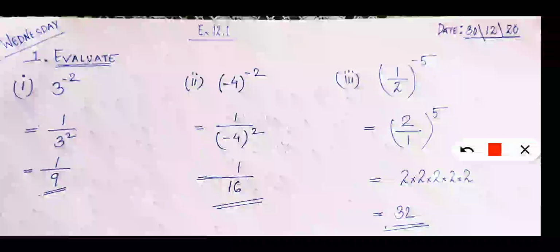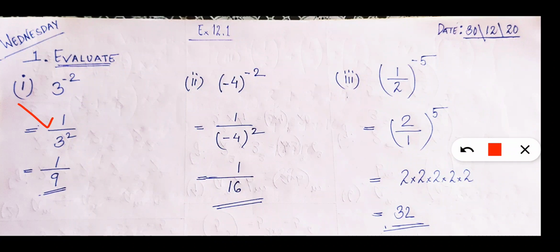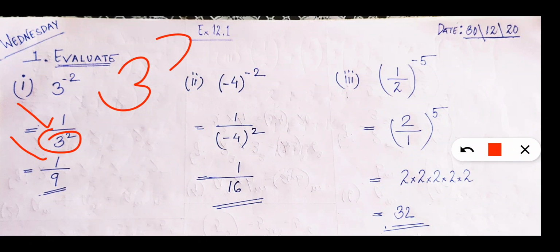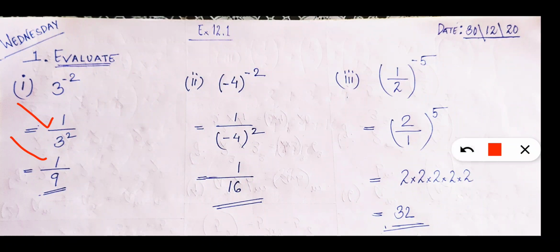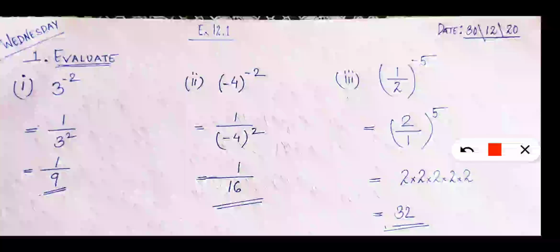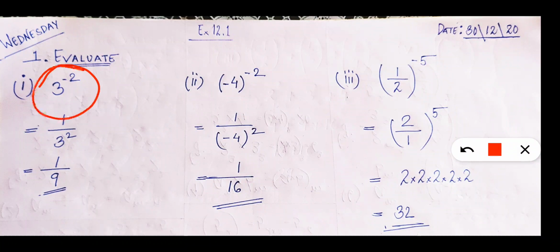Now the next step: 1 is 1. 3 square means 3 into 3, 3 two times, so 3 into 3 will become 9. This is very simple. So always remember, whenever you see a negative power, first of all you convert the negative powers into positive. Are you clear? If you are not clear with this, let's go further to Roman number 2, then you'll understand.